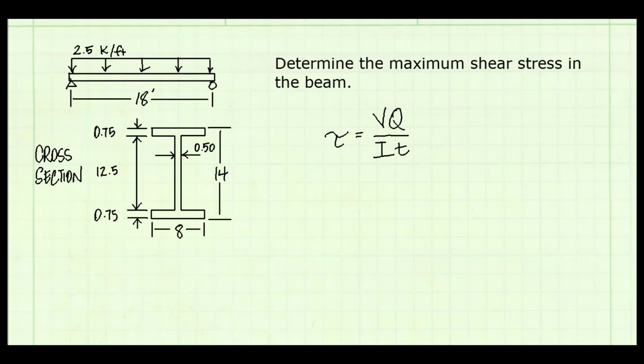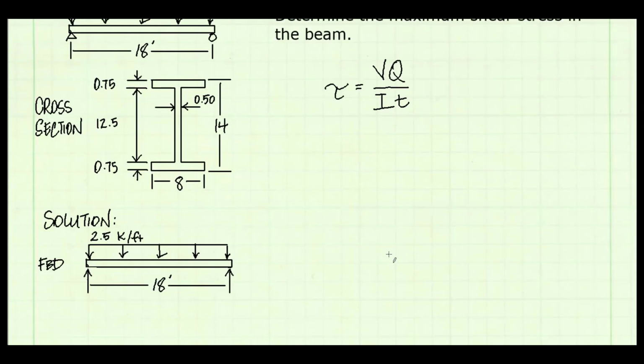I, Q, and t are all based on the geometry of the cross-section. V I'm going to take as the maximum shear force in the beam. I'm going to find it first. To find it, I will draw a shear diagram. Here's a free body diagram of the beam.